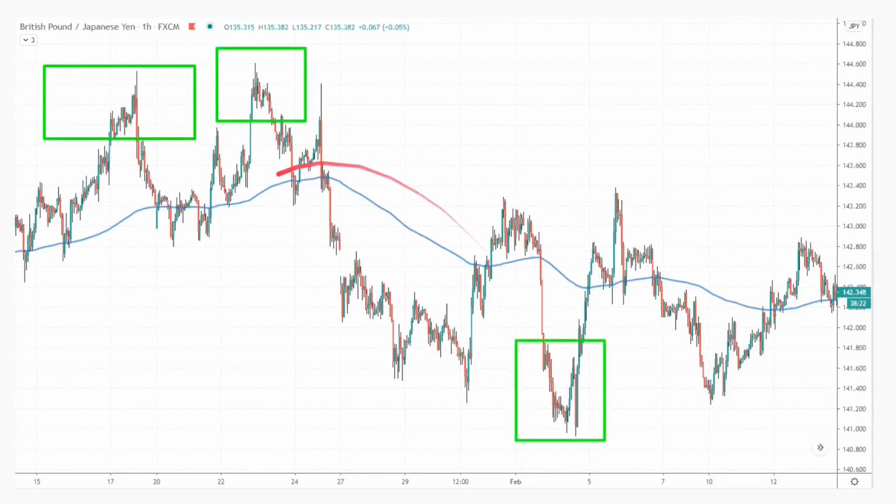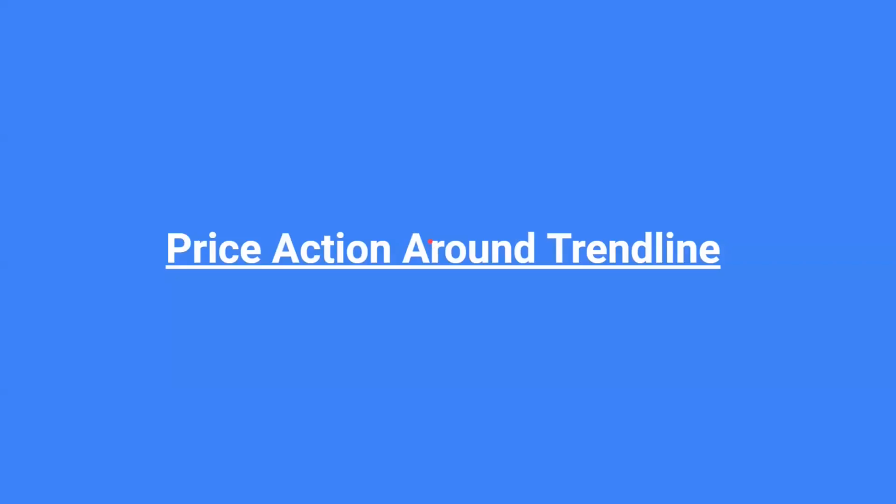The circles in green are the ones that have moved away more than about 0.4 to 0.5%, and then we look for a reversal pattern or reversal candlestick so that we can trade back to the 200 EMA. Again, those in red are the ones you should avoid because the move is not significant enough. So much for moving away from the average, or what we call mean reversion, the mean reverting property of the forex market.